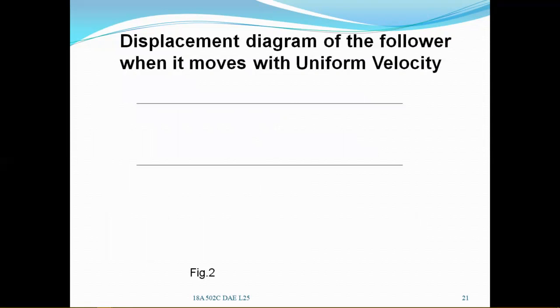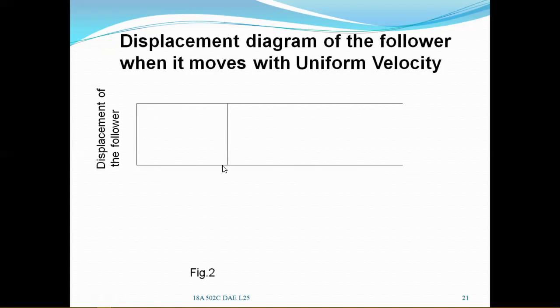Draw a line, so the first line is equal to the 360 degrees of cam rotation, one revolution, which will represent angular displacement, and draw a parallel line, and this vertical line will be equal to the stroke or lift of the follower, and complete the rectangle.